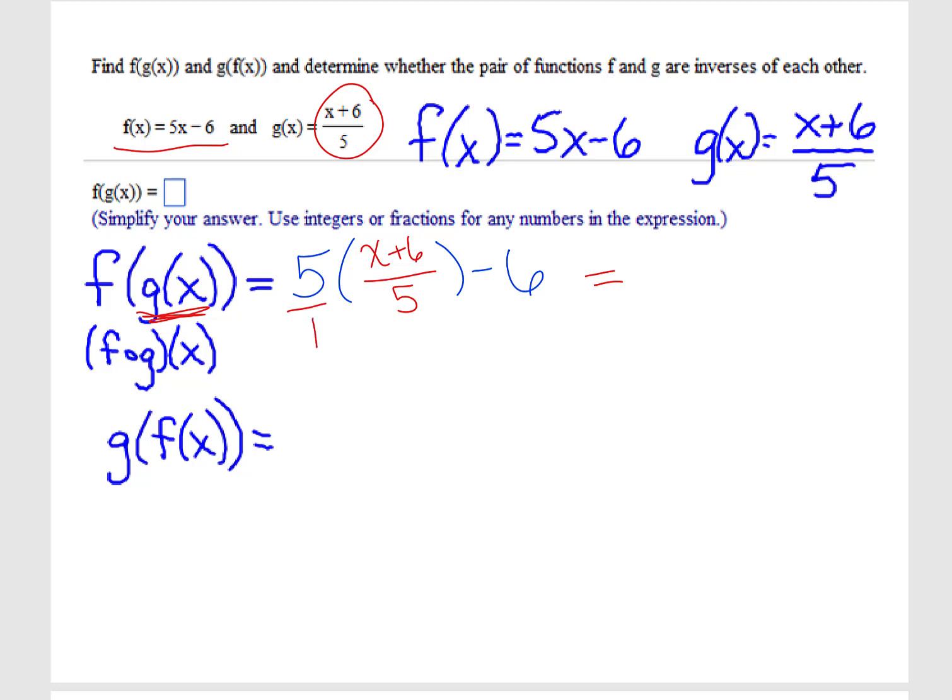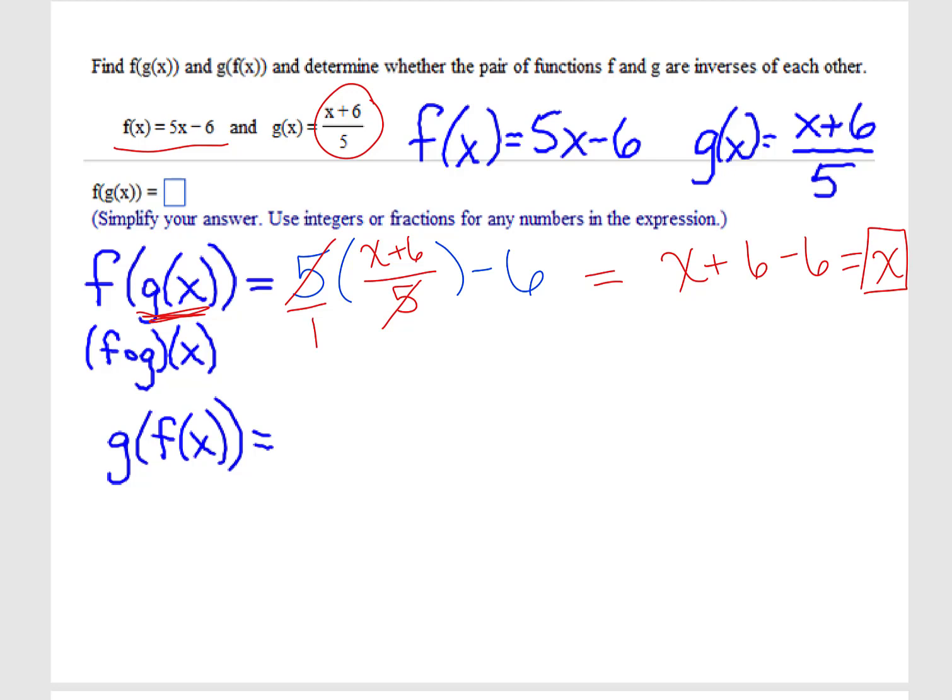Five times x plus 6 over 5: this will cancel out because I'm dividing by 5 and then multiplying by 5. So I'm back to where I started. I just get left with x plus 6, and then minus 6 from outside the parentheses, which just equals x.